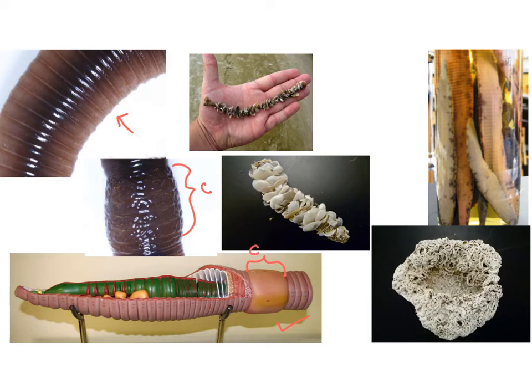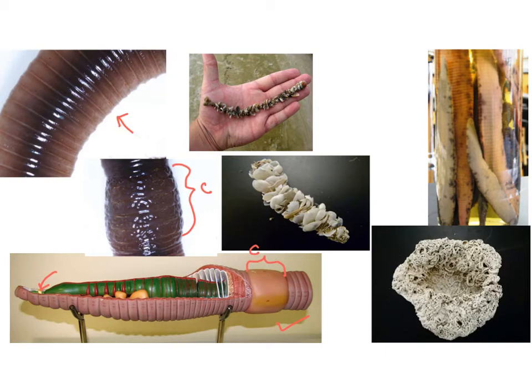A little bit hard to see on here. You can see the green happens to be the digestive system as it moves on down, but they do have a brain, believe it or not. And on this model, this little yellow structure right there is representative of the brain of the earthworm.